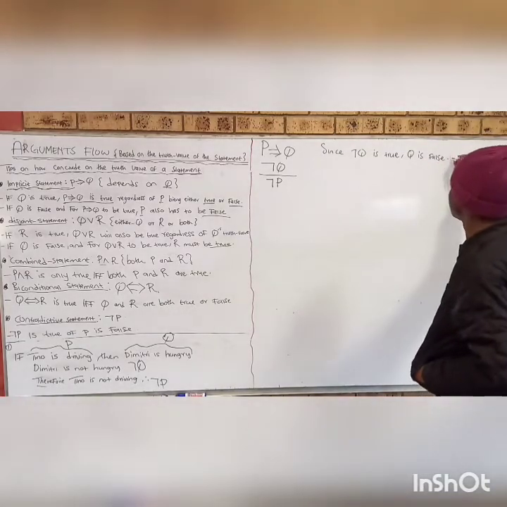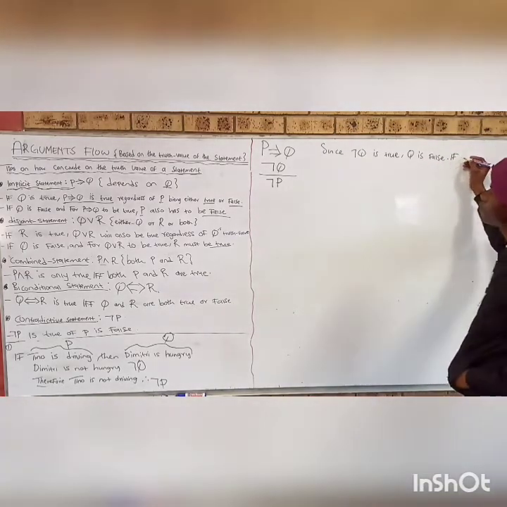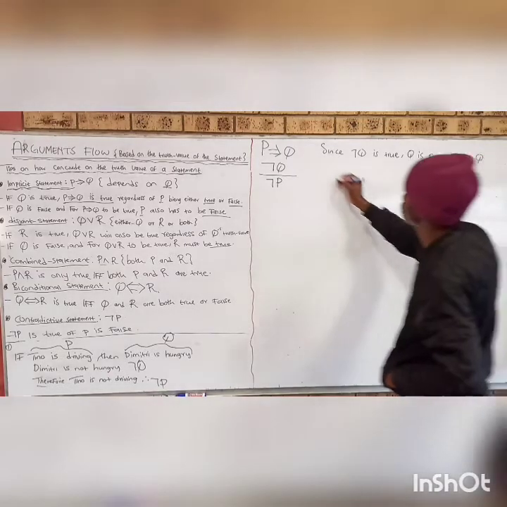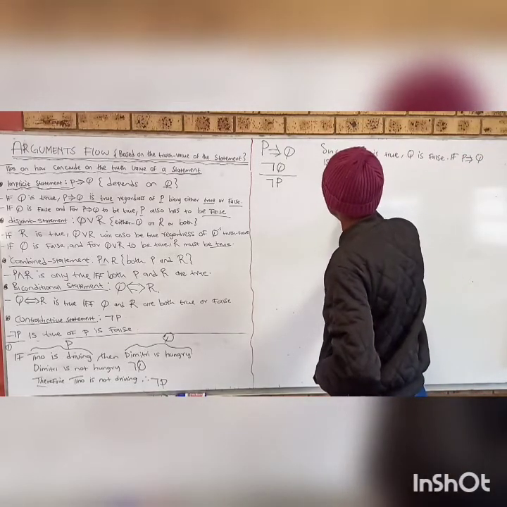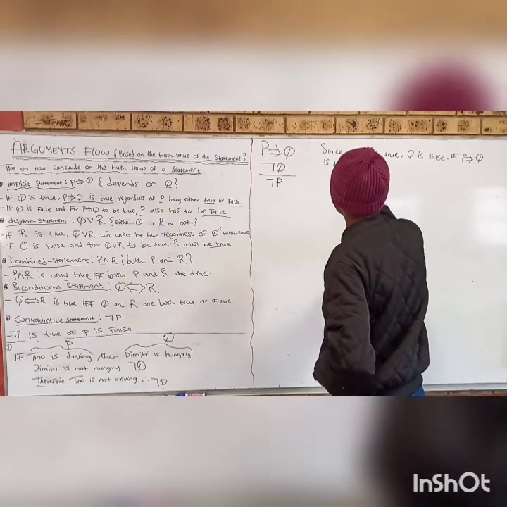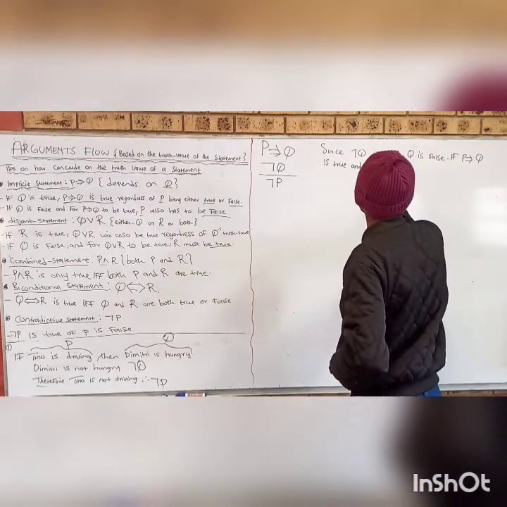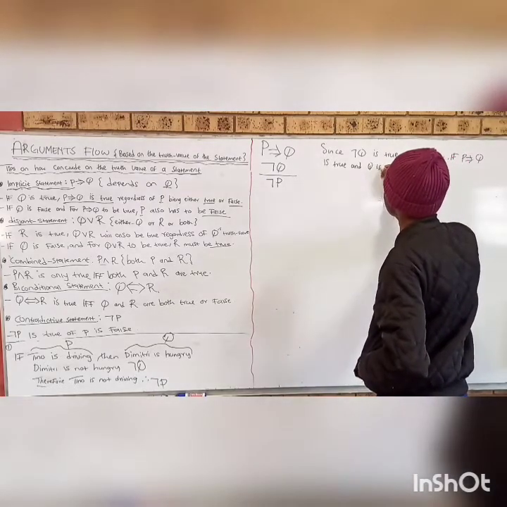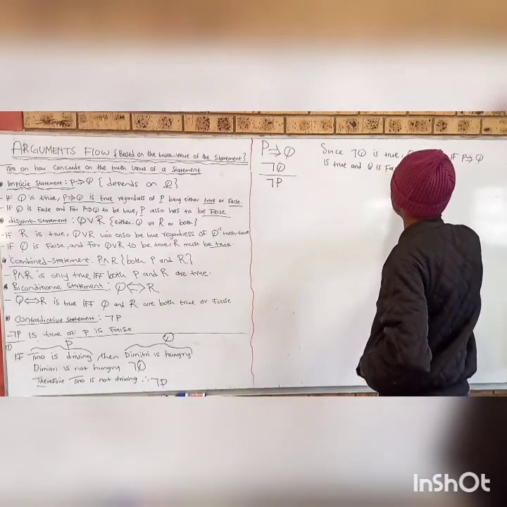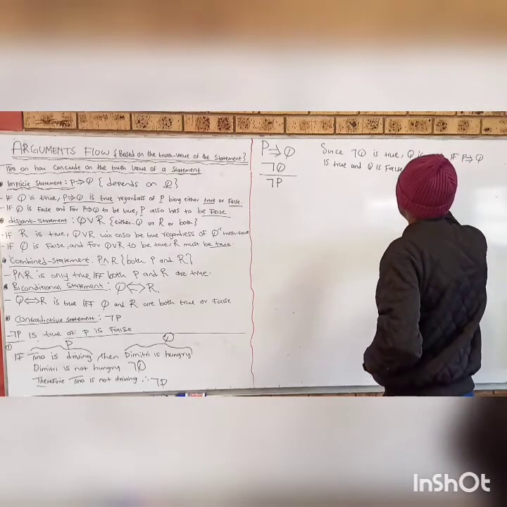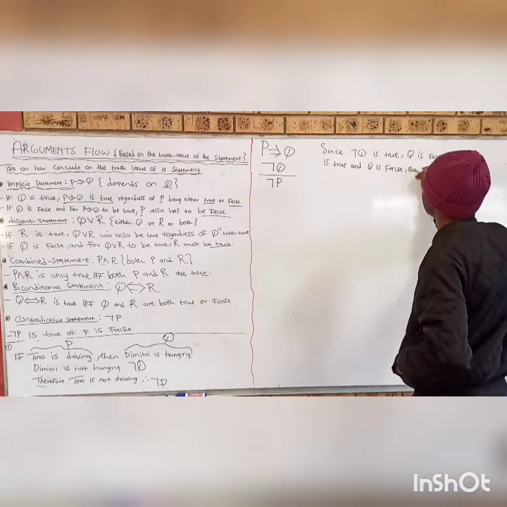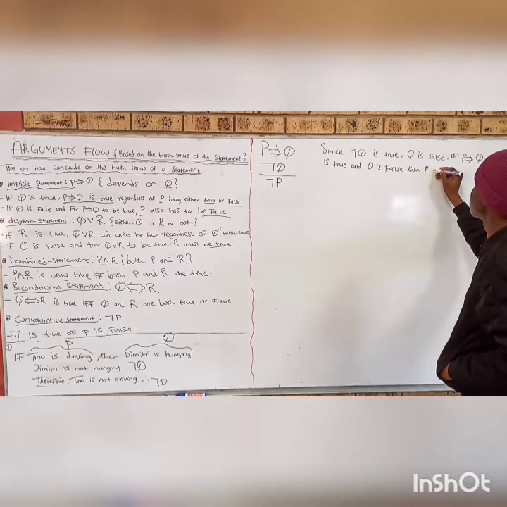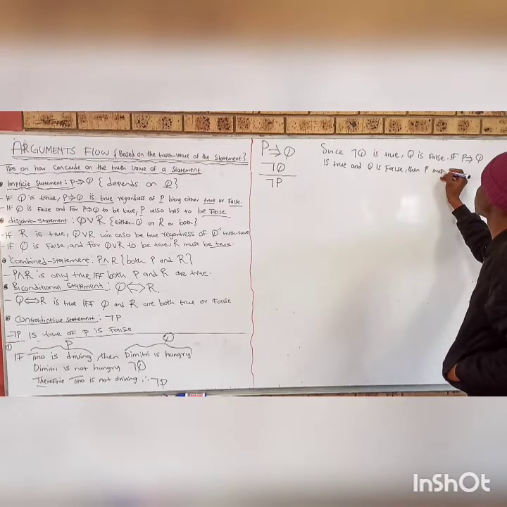Then we can proceed. If P implies Q is true and Q is false, then P must also be false.